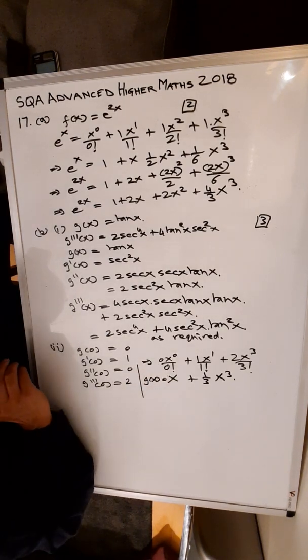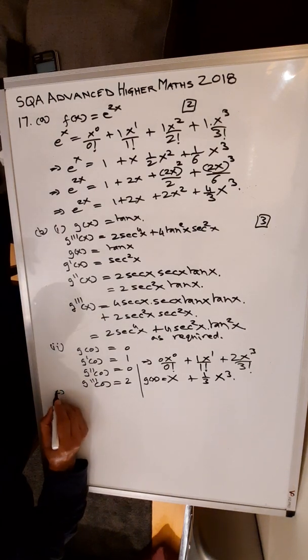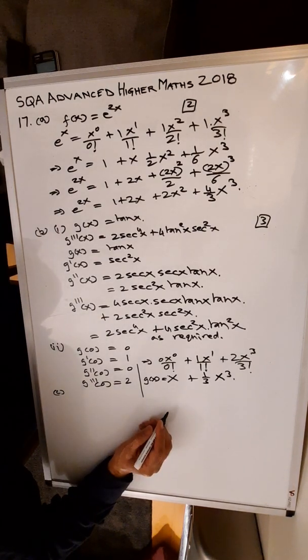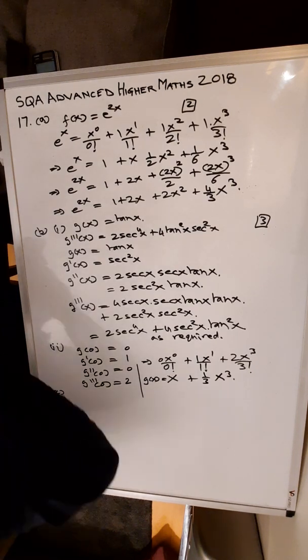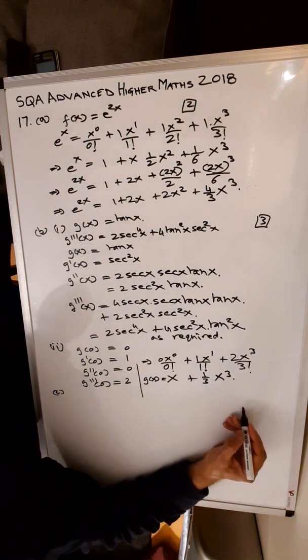That's the second part of B. Then you go to C. Hence or otherwise obtain the Maclaurin expansion of e to the 2x tan x up to and including the term in x cubed, and this is for 2 marks.